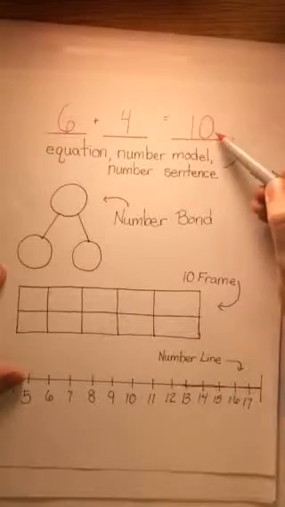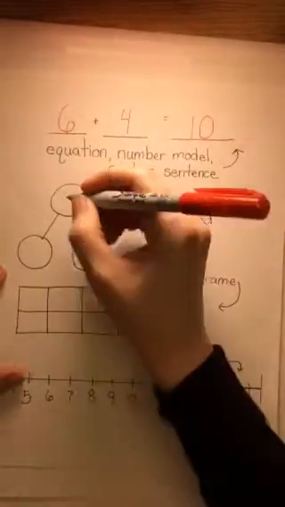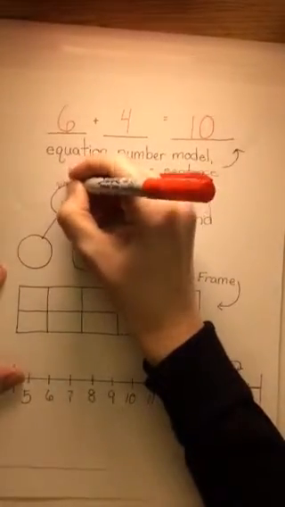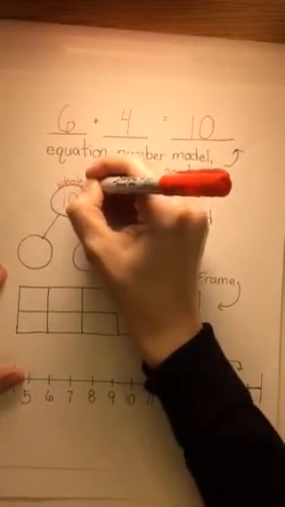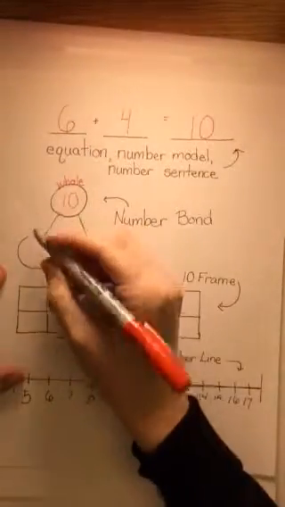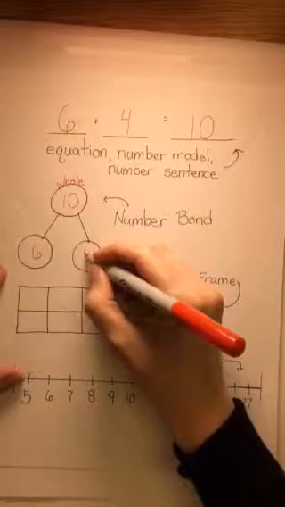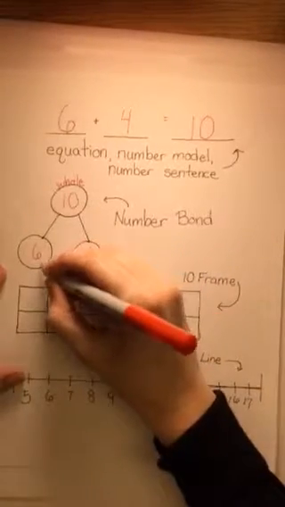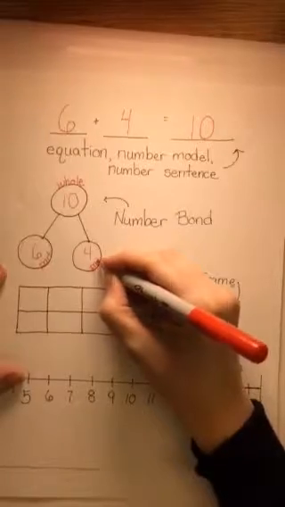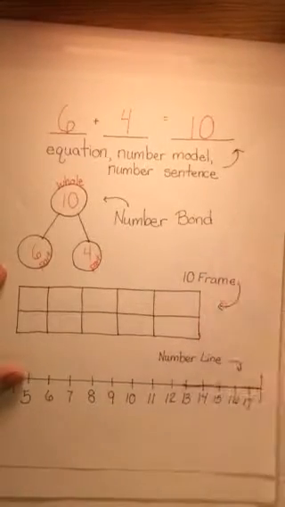Our whole number in this equation is 10. So this is where my whole number goes. The two parts that get us to our whole number are 6 and 4. And that's how we use a number bond.